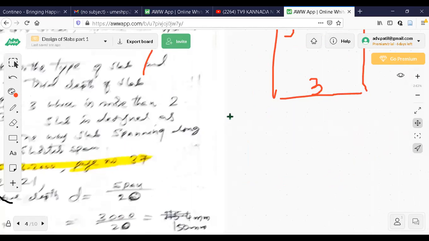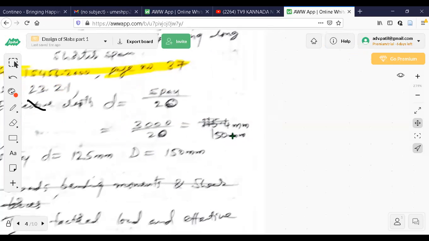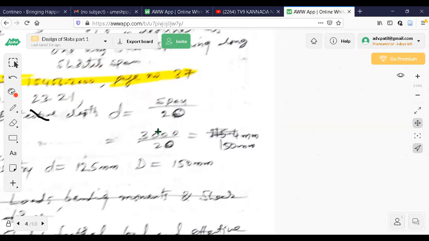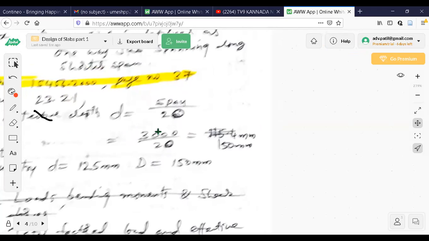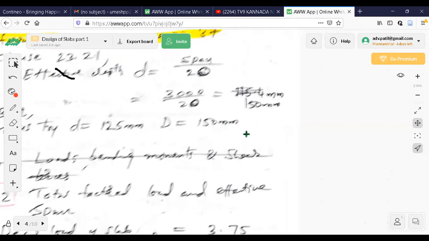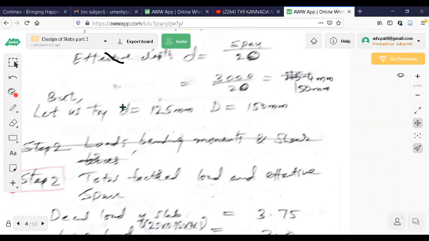Only 3 will come, or the effective span. Since I don't know the effective span right now, I'll go with clear span by 20. Span is always the smaller of the dimensions because the main steel runs along this direction. So 3000 by 20 is 150. Even though small d is 125, I'm trying capital D as 150. Again, this is all empirical.